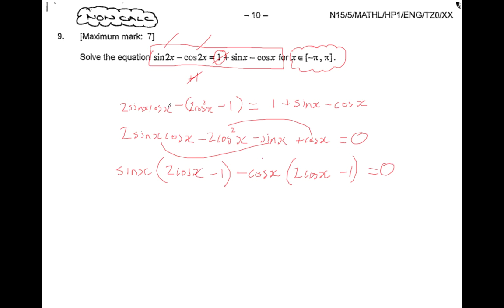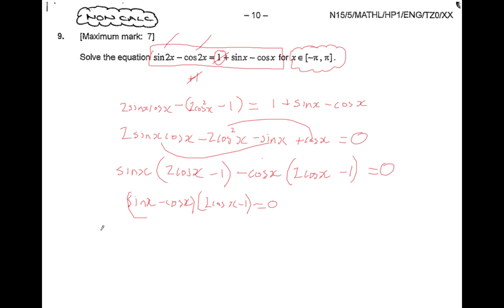So the key thing is knowing that you're going to be factorising at some stage, choosing a nice cos 2x identity for here. And now you can see where we're going with this. Sine x minus cos x factored with 2 cos x minus 1 equals 0.